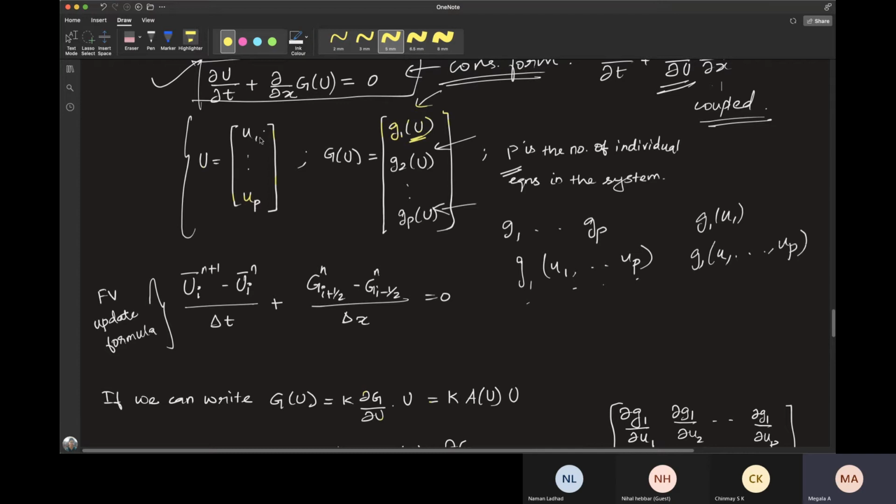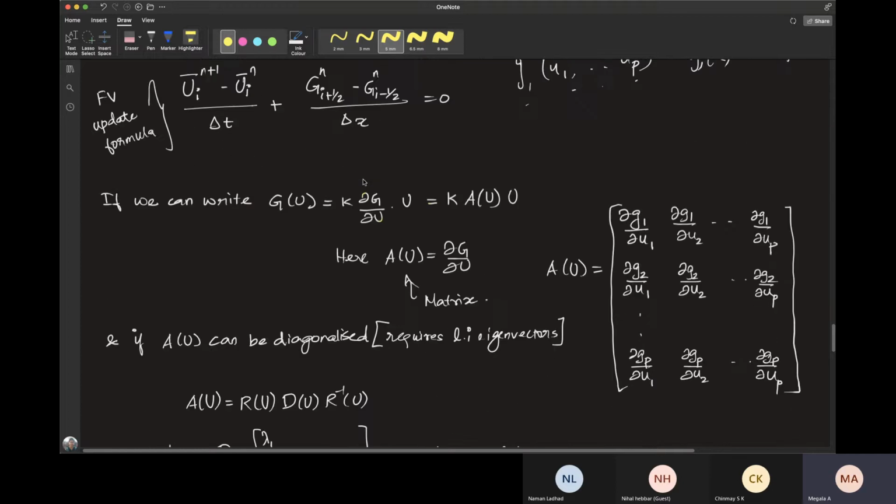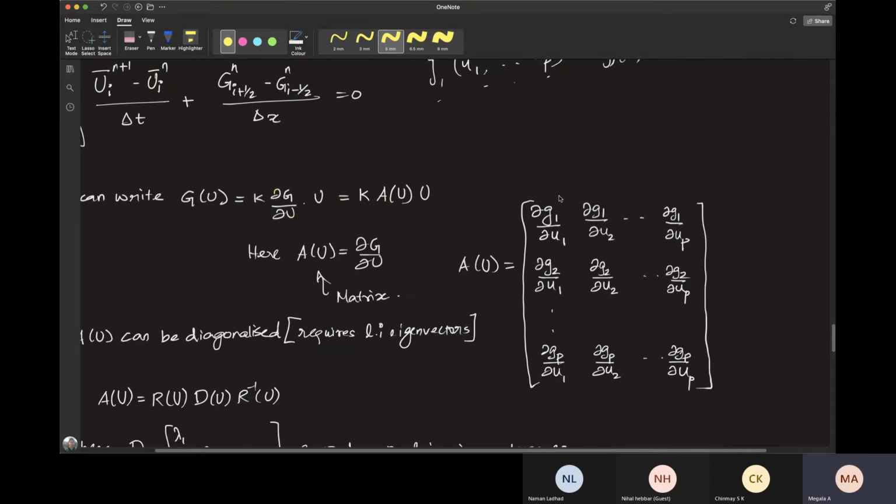That is, g1 will be differentiated with all of these elements, and g2 will be differentiated with all of these elements, and so on. You put them all together, you get a matrix. So that is A of u as dou g by dou u. The first row consists of derivatives of g1, the second row consists of derivatives of g2, and so on.